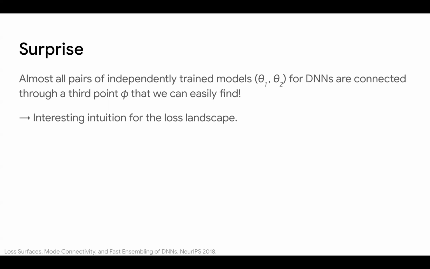So that means all the solutions in the deep learning landscape are connected to each other, at least with some kind of curve, which is fairly simple, right? These are not straight lines, but if you have one extra point in the space, then you can connect them via two line segments, which is quite surprising.